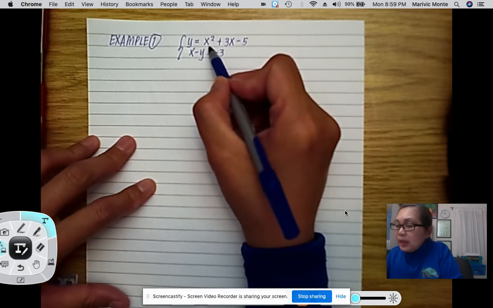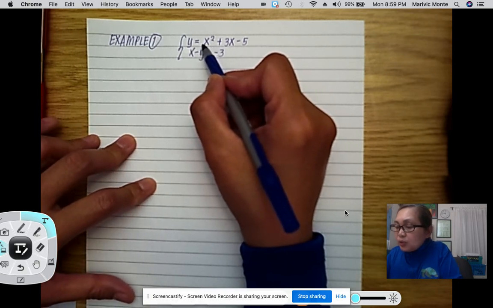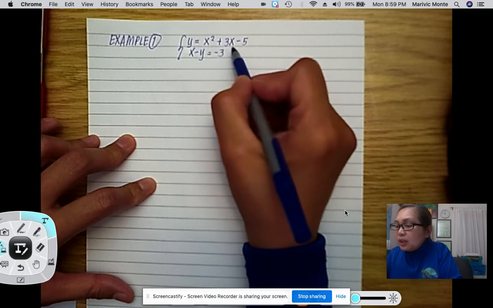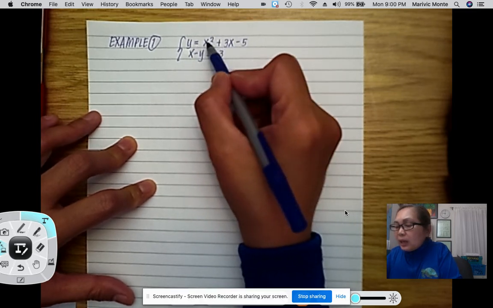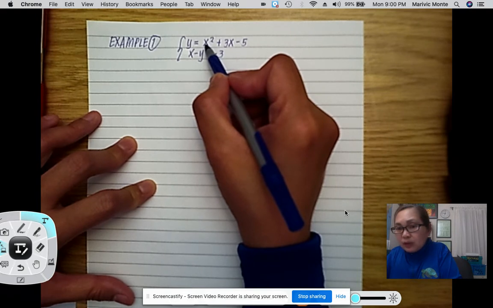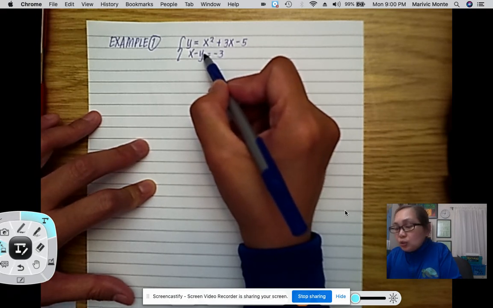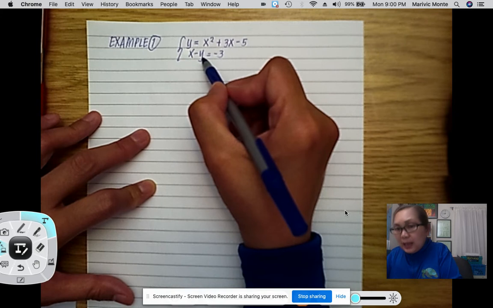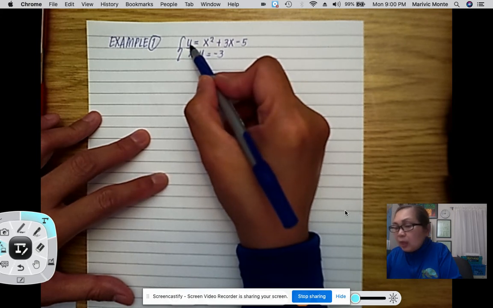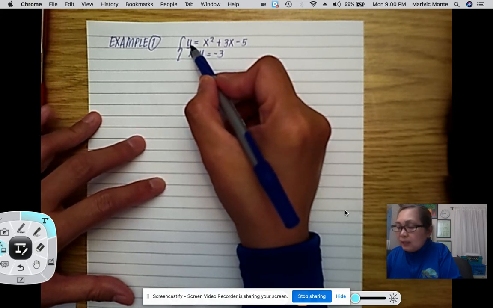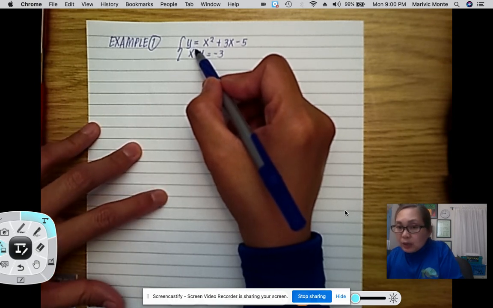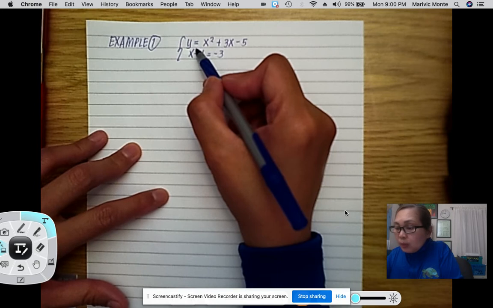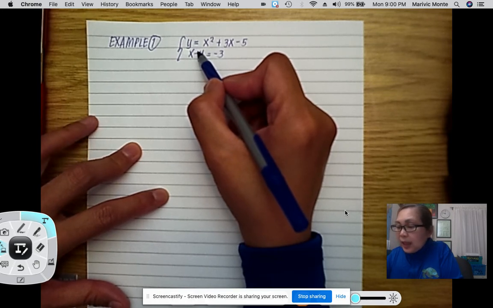So it would be easier for us to proceed by substituting the whole value of y from the quadratic equation into the y of the linear equation, because that y is already by itself. This will give us a single equation that we could solve in order to get the x values for this system.